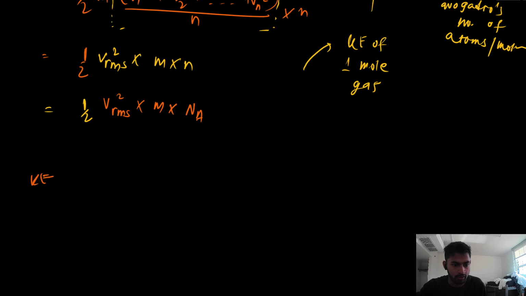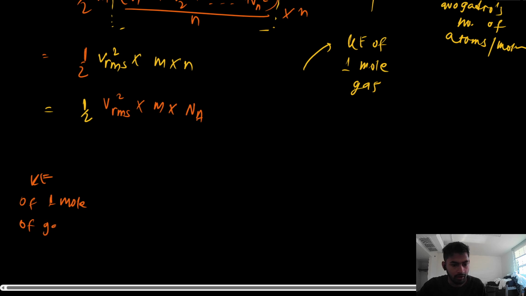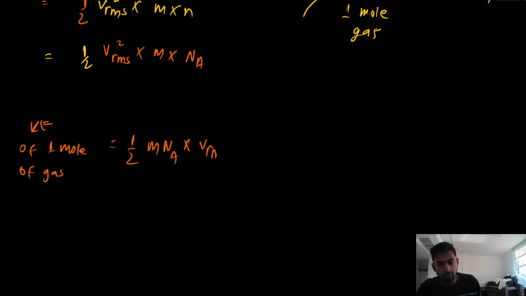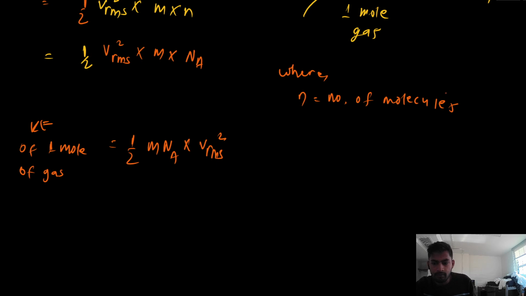Which again, if we write it properly, kinetic energy of 1 mole of gas would be half m Na times V_RMS squared, where n is the number of molecules and Na is Avogadro's number of molecules.